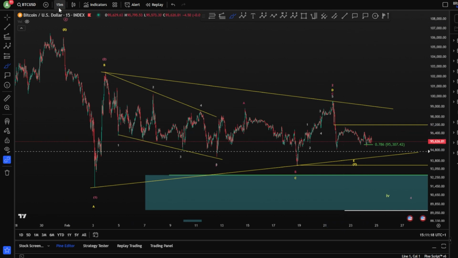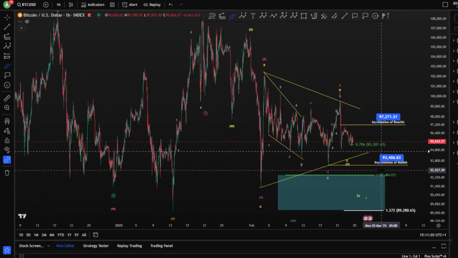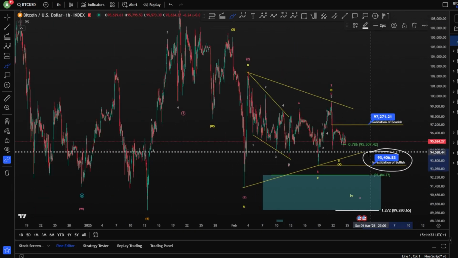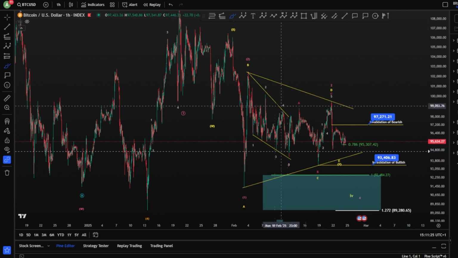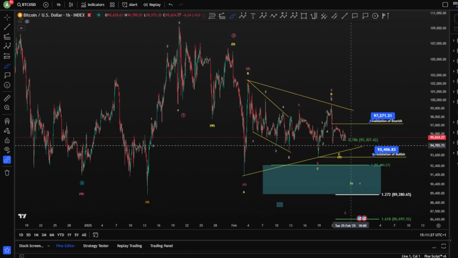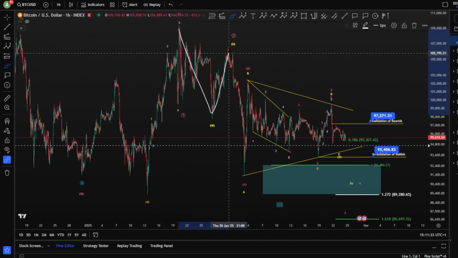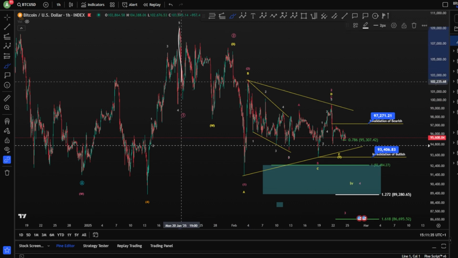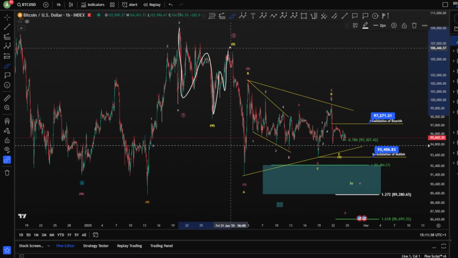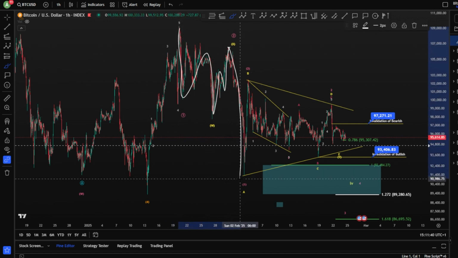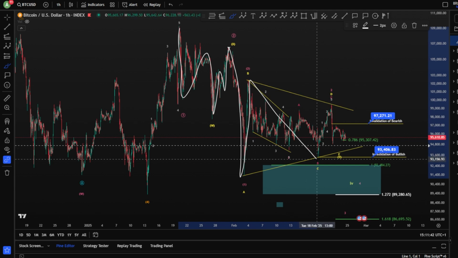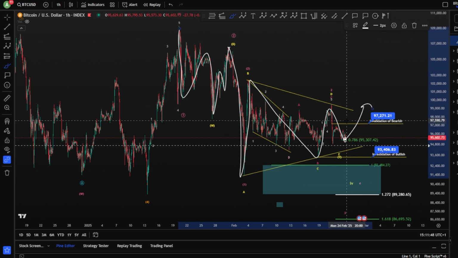Now, your bullish scenario on the 1 hour chart, where you have invalidation here. You would like to finish this wave as a WXY in a triangle, where your W is a zigzag, your X is another zigzag, and your wave Y is a triangle A, B, C, D, and an E. So currently you have probably finished a wave E, and then you would like to move towards the upside.